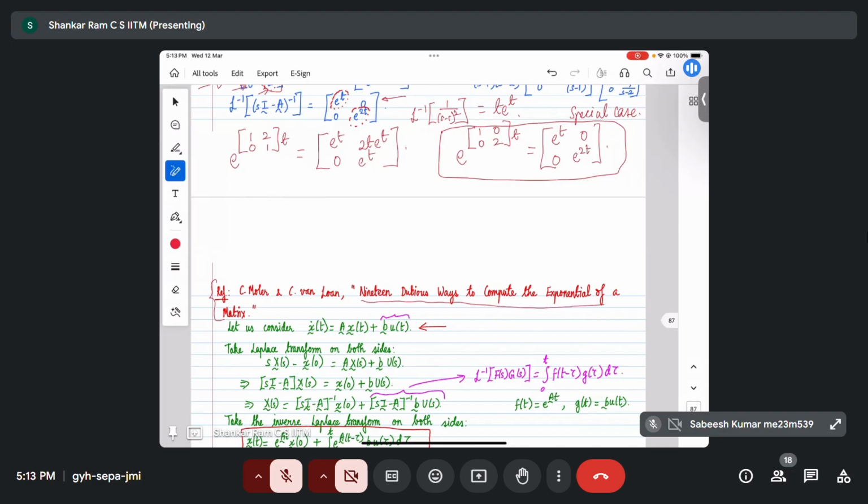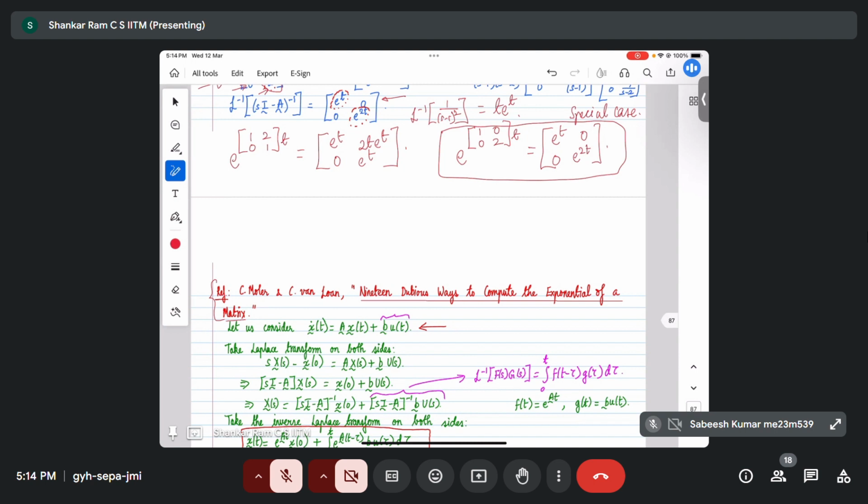Of course, please interpret the word dubious in a light vein. They are all correct ways to compute the exponential of a matrix. They propose not one or two, but 19 different methods, and what you and I have learned is only one of them.